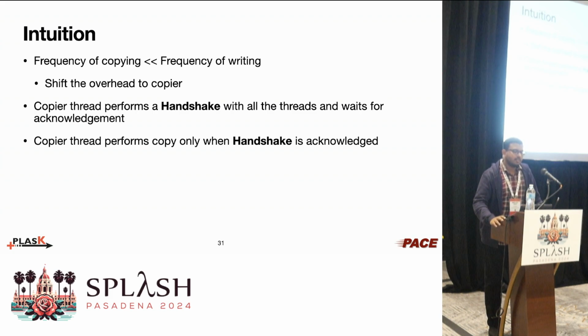Now, that's why we shift the overhead to the copier thread, and we ask the copier thread to make a handshake with all the threads, and then it will wait for some acknowledgement. And unless and until they get acknowledgement from all the other threads, the copier thread will not copy the objects to non-volatile memory.